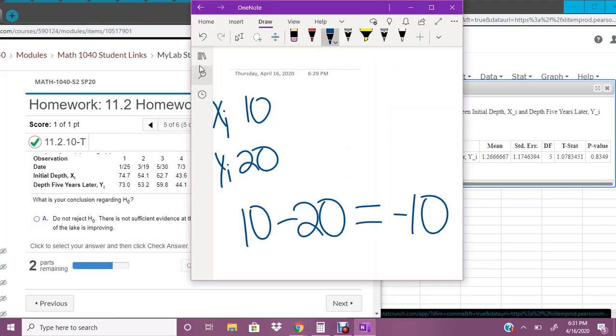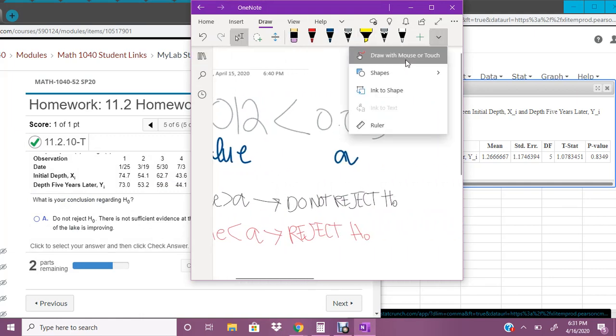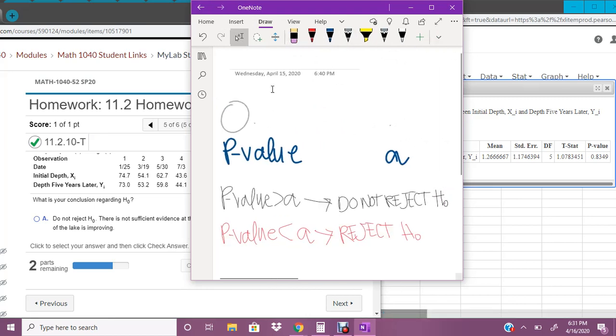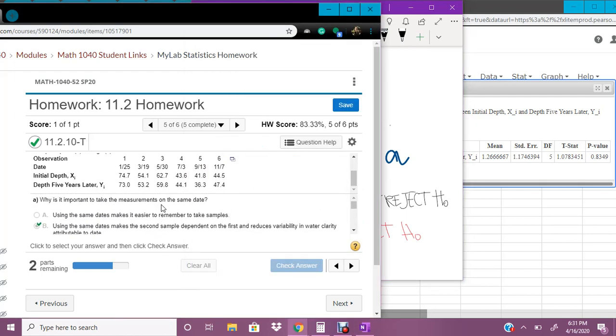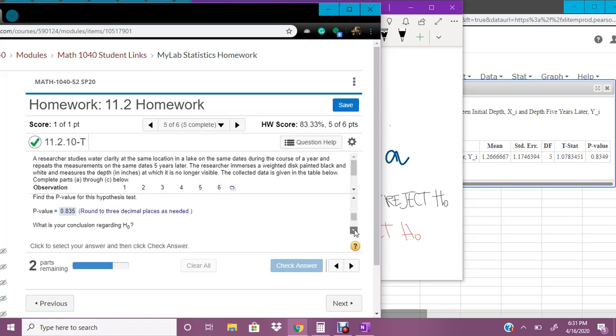Okay, so our p-value is 0.835, and our level of significance is, let's see, where does it say?